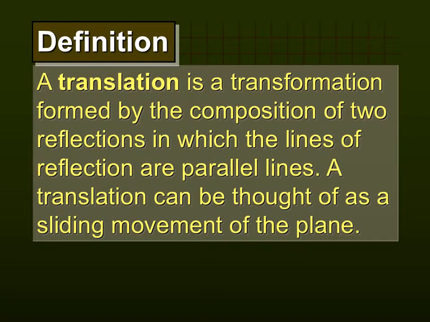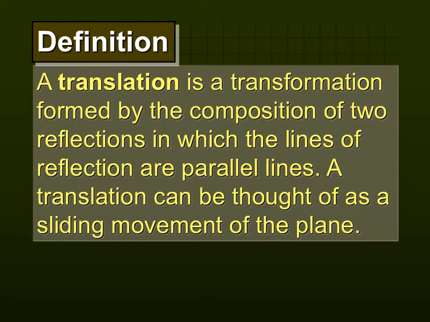Okay, I already told you that translation is a transformation and it's a composition. So it's a composition of two reflections. That's what a translation is. And these two reflections just happen to be reflected on lines that are parallel lines.